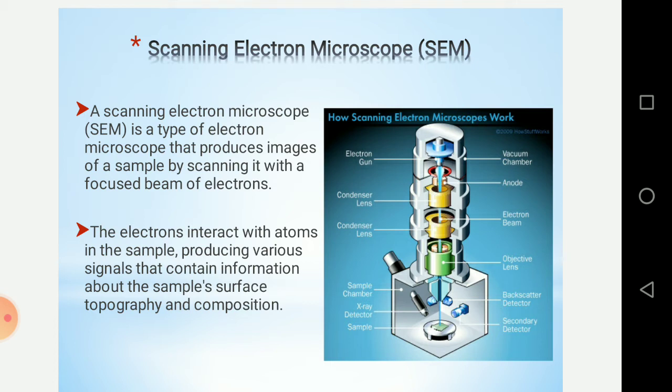The electrons interact with the atoms in the sample, producing various signals that contain information about the sample surface, topography, and composition. So when these electrons strike the surface, they give different information about that particular specimen, like topography, composition, and morphology, meaning the surface composition.